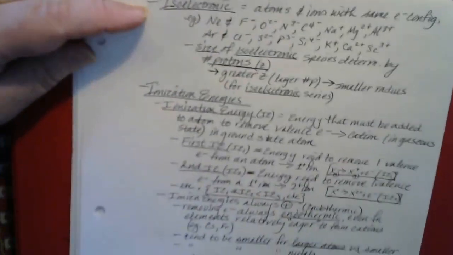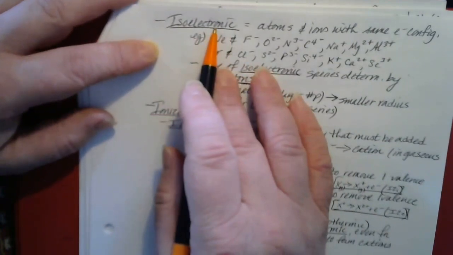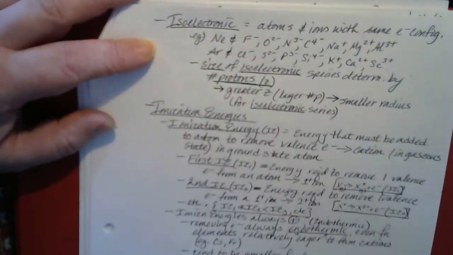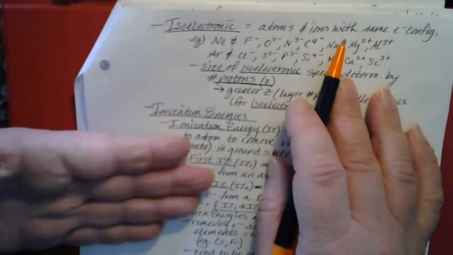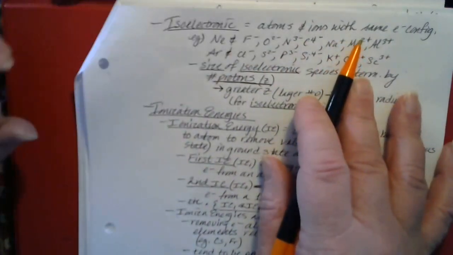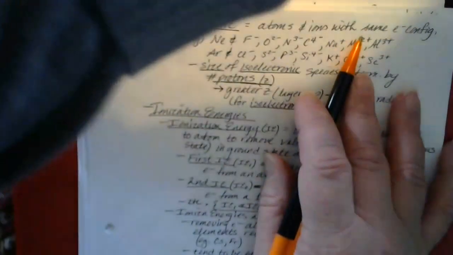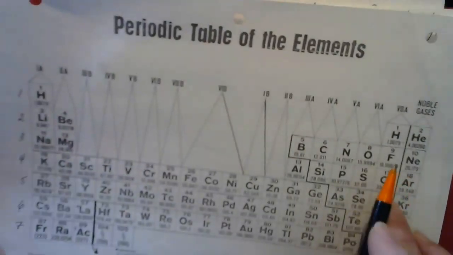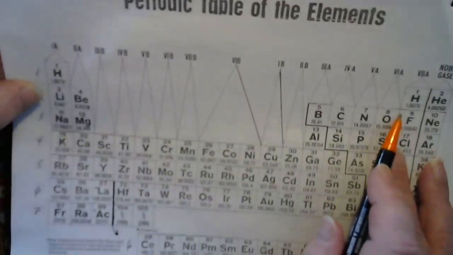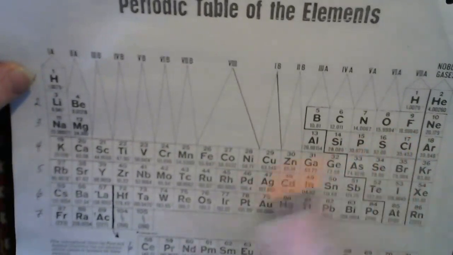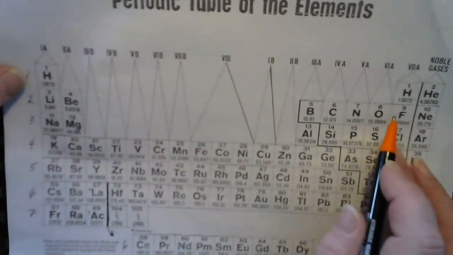There are numerous ions and atoms that are what's called isoelectronic. Isoelectronic means that they have the same electron configuration. We've actually already mentioned the concept, although I don't think I mentioned the name for it, when we pointed out that most main group elements form ions in order to get to the same electron configuration as the nearest noble gas.